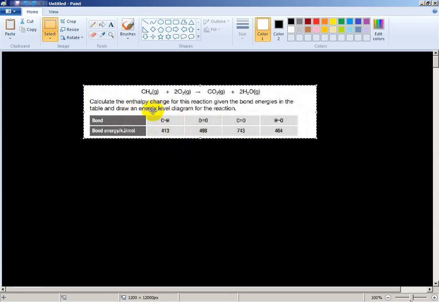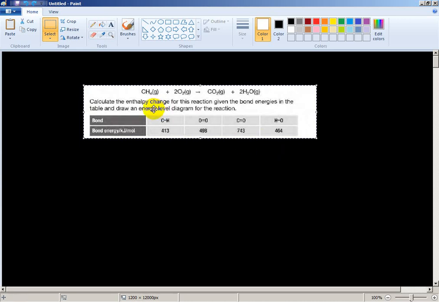The change of energy during the reaction is called enthalpy change, and it is expressed by delta H. If the enthalpy change is positive, endothermic reaction. If negative, exothermic reaction.